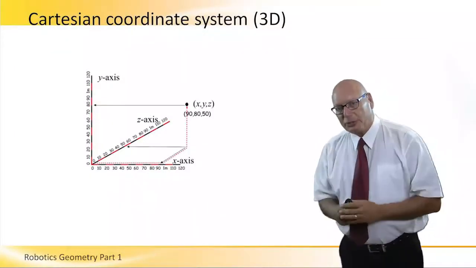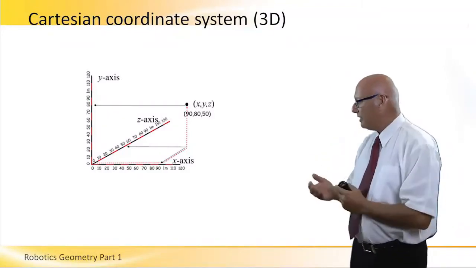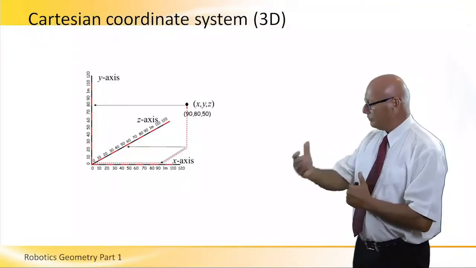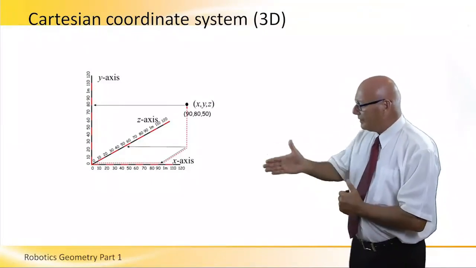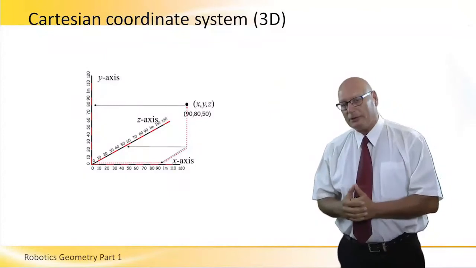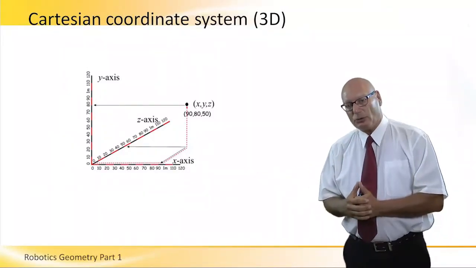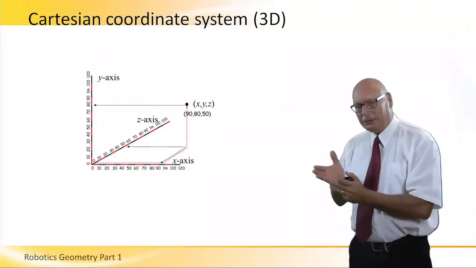When we move to the 3D Cartesian coordinate system, there is a z-axis that participates in this so-called game. We can see the y-axis is the vertical one, and there's a scale. The x-axis is the horizontal one, and the z-axis is the depth.